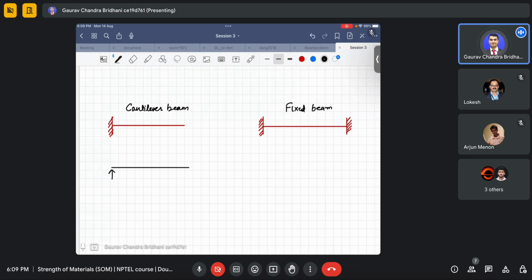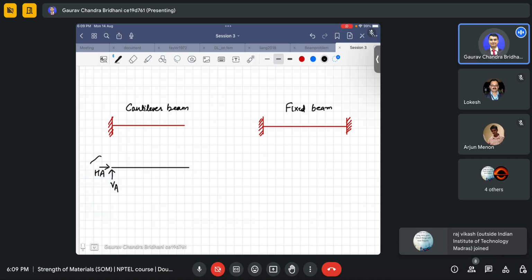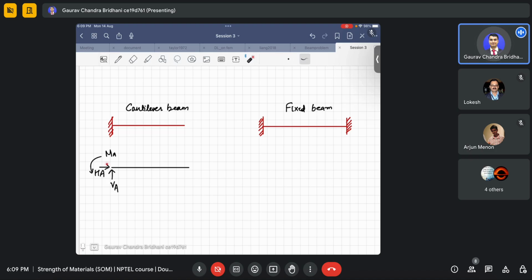We'll have a vertical component at A, a horizontal component at A, and again a moment at A. Because this end is a free end, there is no constraint due to a support. Again the same principle: if there is no horizontal force acting, we can remove this component, so we'll have only MA and VA.